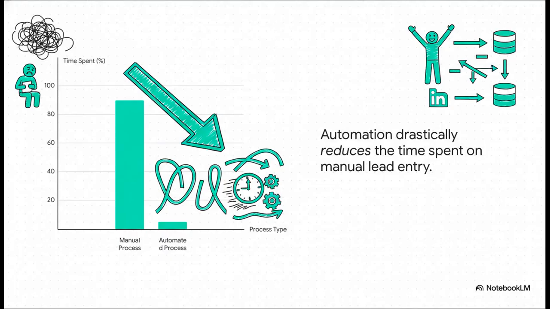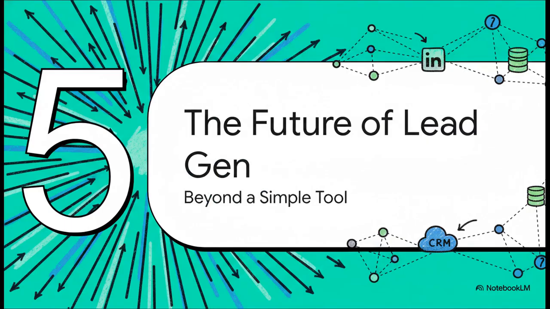And I mean, just look at this. The impact is visually stunning, isn't it? The time spent on manual lead entry is this huge block, a massive drain on your resources. And with automation, it just shrinks to this tiny little sliver. That huge gap between the bars, that's all the productive time your team gets back. It's incredible. Now let's zoom out a little bit, because this is actually bigger than just a simple time-saving tool.